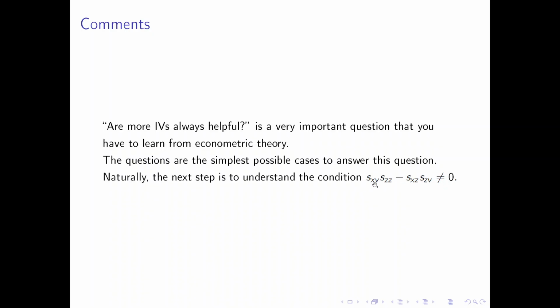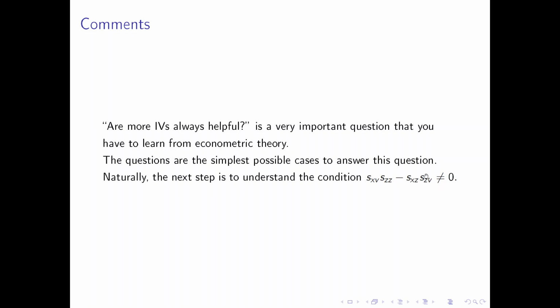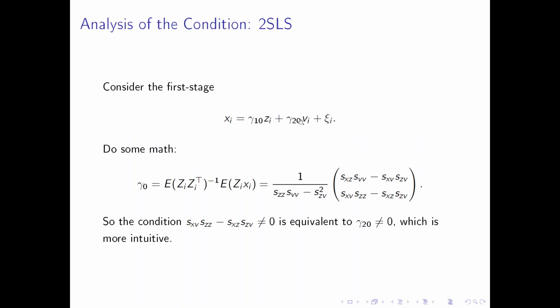Then how do we interpret this condition, right? Let's see. The first way to understand that is to use the two-stage least squares setup and think about the first stage regression, and especially think about gamma 1 and gamma 0 for two IVs. So V is now the additional instrument, and if you calculate how we can obtain gamma 0, we get this. Think about this. This is the condition, right? So our condition says gamma 2 is not 0, right?